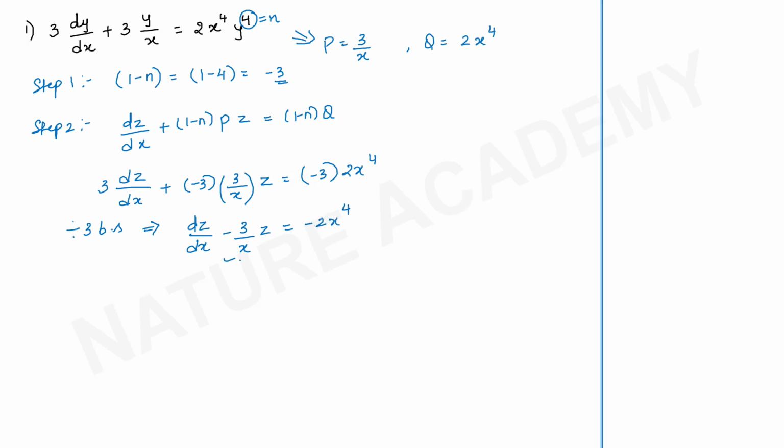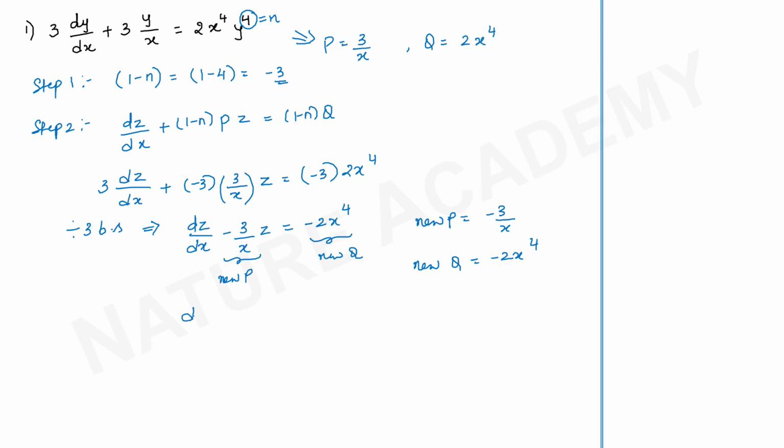See here, now we got new p and new q. Okay, so our new p will be minus 3 by x and new q will be minus 2x raised to 4.